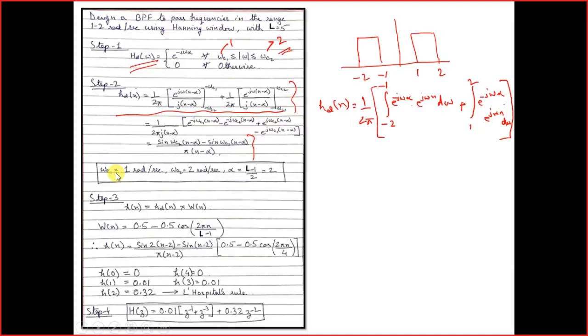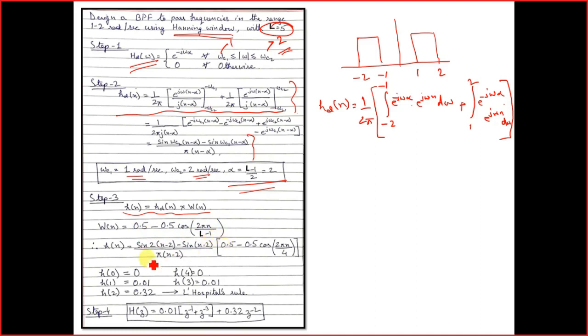Now omega c1 is equal to 1 radian per second and omega c2 is 2 radians per second, and since we have L equals 5, our alpha is equal to 2. Here we are directly calculating H[n], which is equal to Hd[n] W[n]. For the Hanning window, W[n] is equal to 0.5 minus 0.5 cos of 2 pi n by L minus 1.